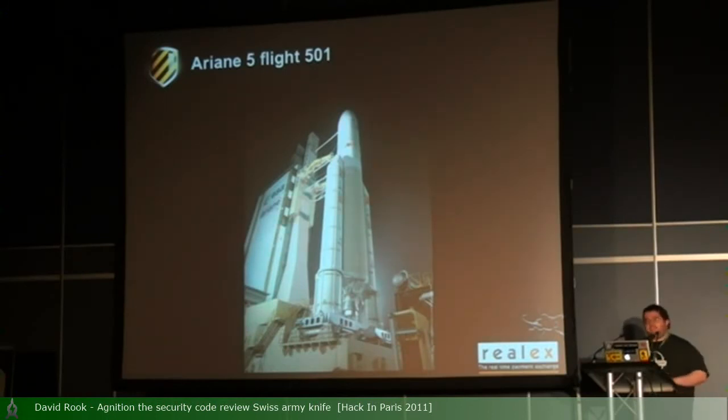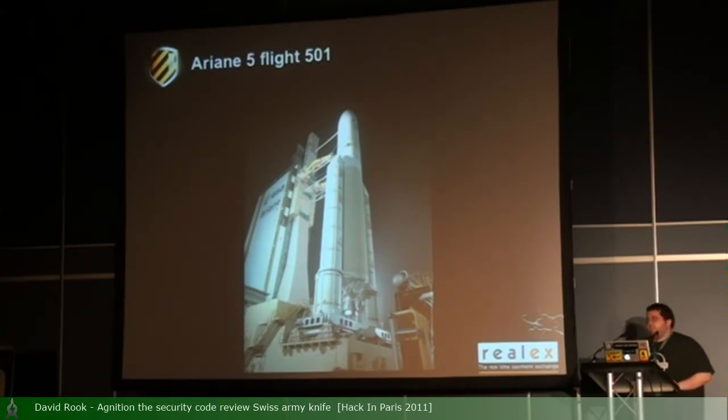Now, with these examples, there's never one single root cause, but one of the biggest issues for this particular version of the Ariane 5 rocket was that it would take a 64-bit floating point value and try to convert that to a 16-bit integer value, causing an overflow, of course. We've seen today already what a buffer overflow in particular can do to a piece of software.